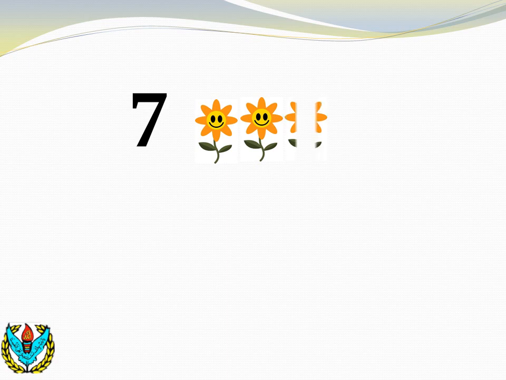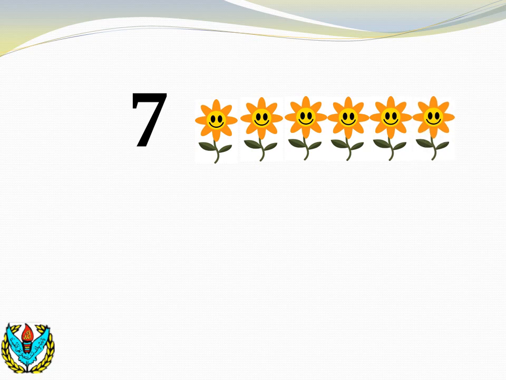Another example. 7 flowers: 1, 2, 3, 4, 5, 6 and 7. You can see 7 flowers on your screen. We have to minus 2 flowers from these.